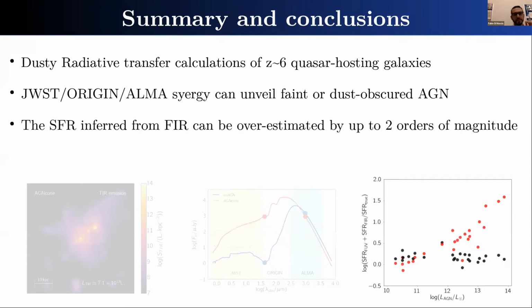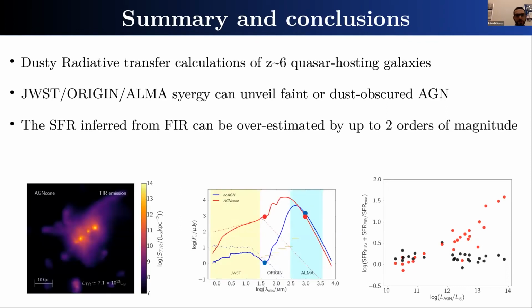And finally, that the star formation rate that we can infer from far-infrared observations can be overestimated by up to 2 orders of magnitude because the AGN can actually contribute to the dust heating. So I'll leave you with my summary slide, and I'll be happy to take your questions. And also feel free to reach me on Slack.